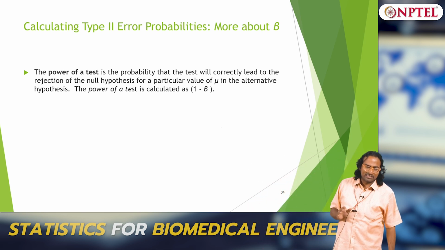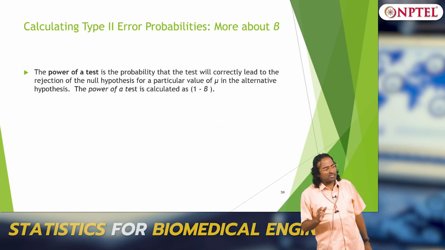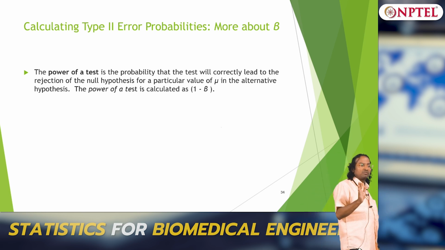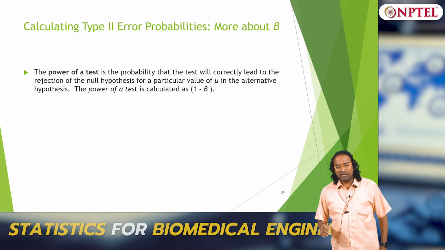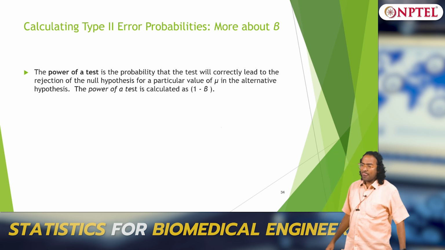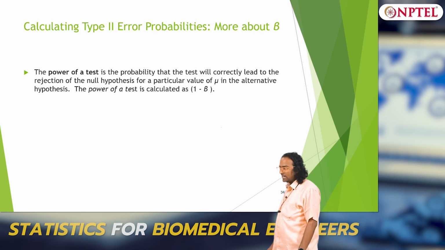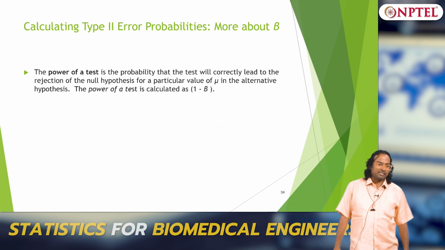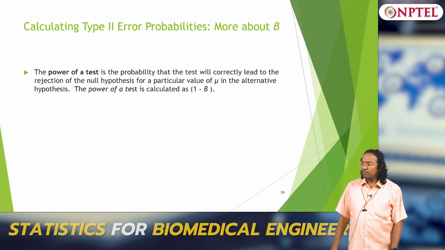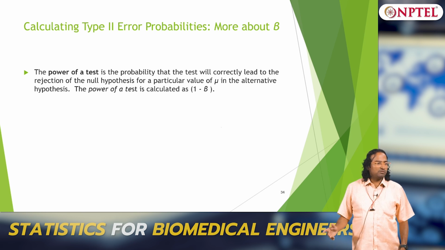It is rejecting the null hypothesis if it is false. The power of a test should be at least 80%. A good statistical test should give you a power of at least 80 to 85%, for whatever alpha.